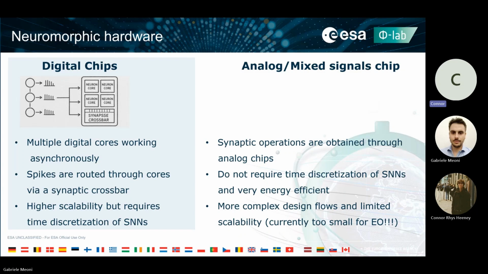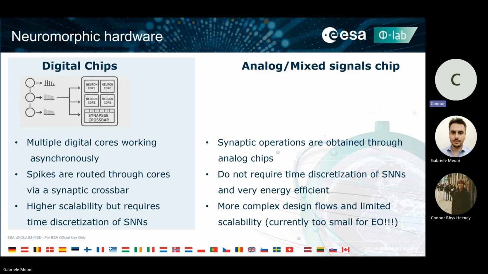Or you have analog mixed signal systems. Sorry, I didn't have a nice way to represent them. Their crossbar is basically made by memristors, resistors, different technologies to do the multiplication, so to do the synaptic operation. Why are they considered advantageous? Because you don't need to discretize your network time-wise.